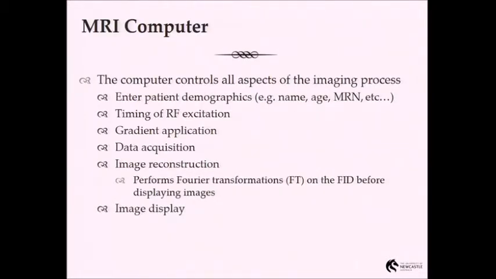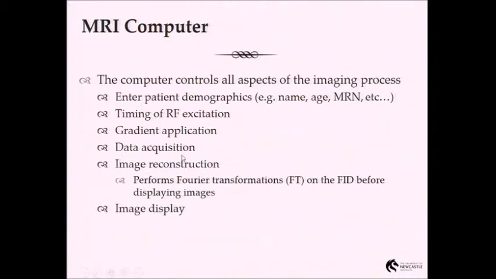So the computer system controls all aspects of the imaging process. I showed you that interface. You can enter things like patient demographics, their name, age, MRN. It controls the timing, the RF excitation, so whether you're doing a T1, T2 or proton density weighted, the gradient application, and the data acquisition, spin echo, gradient echo.